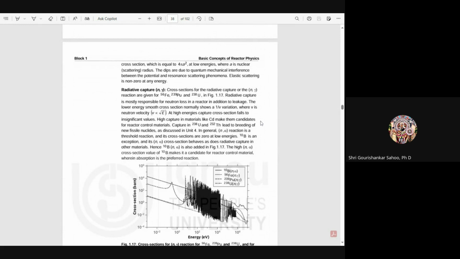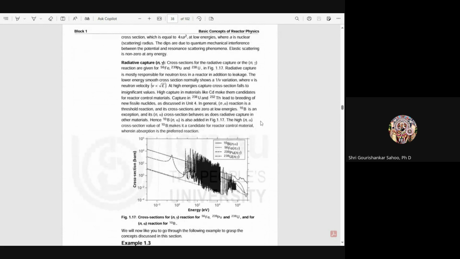Similarly, the radiative capture cross sections, for the n gamma reaction, are shown on the screen for iron 56, plutonium 239, uranium 238, and for the n alpha reaction for boron 10.